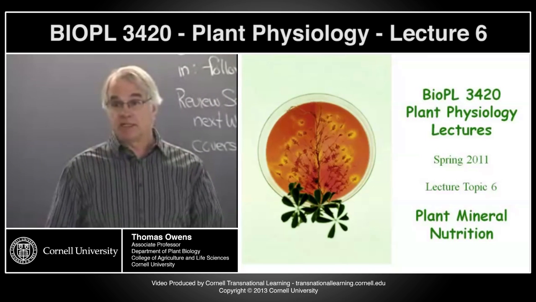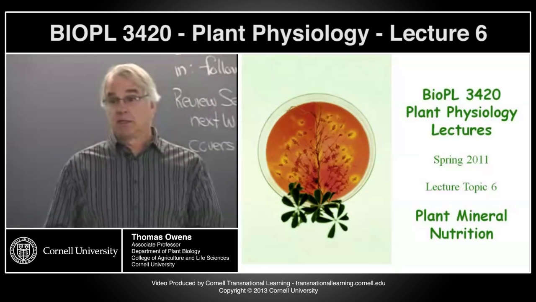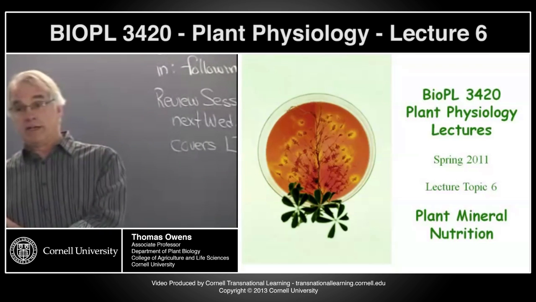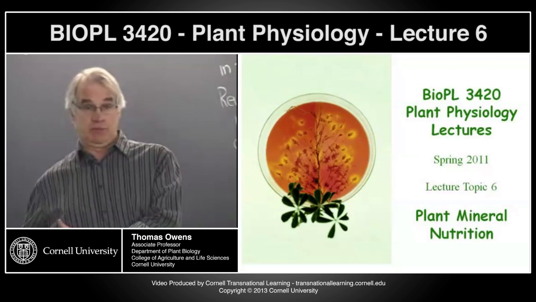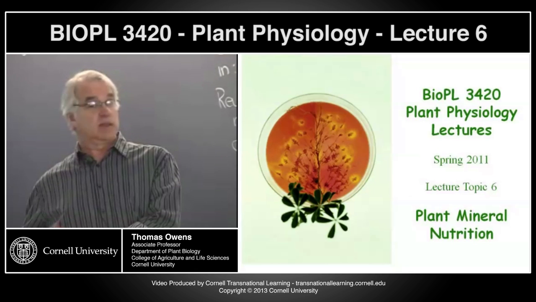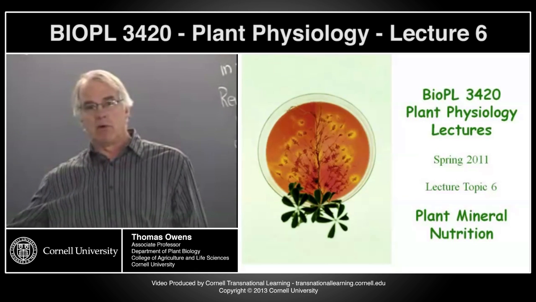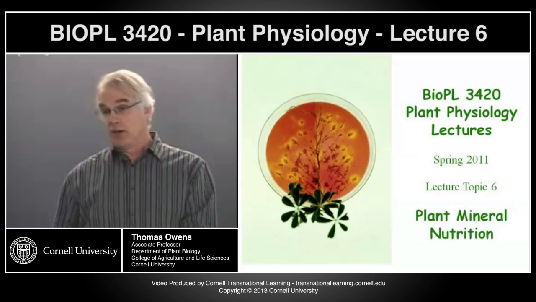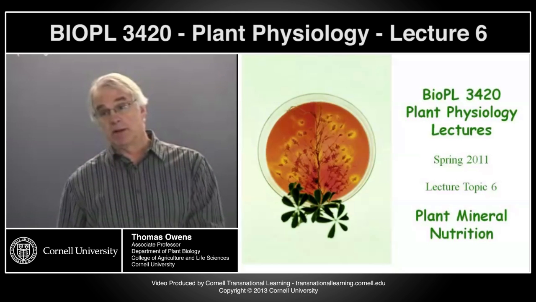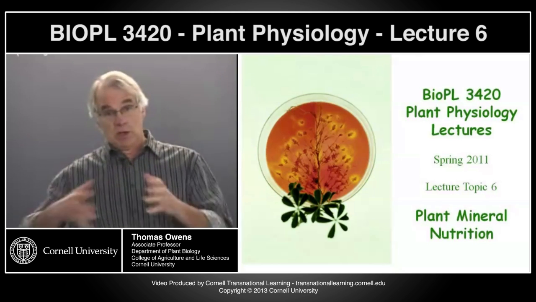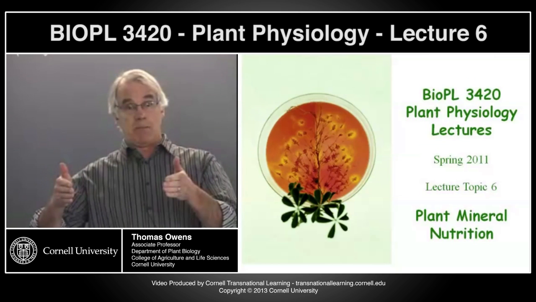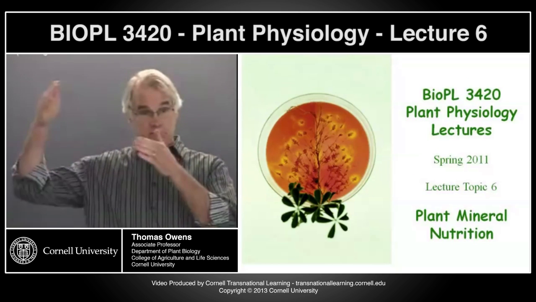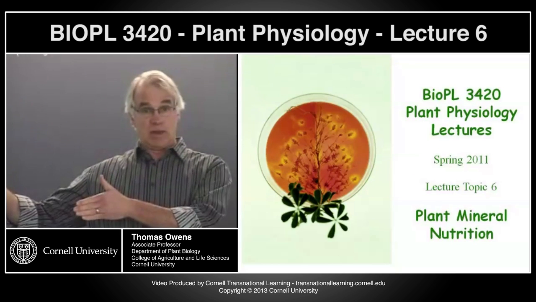For some plants, the only place that boron is essential is in pollen germination. Right? The plant will grow just fine without boron, but if you don't challenge the plant to complete its life cycle, you'd never know that boron was essential for pollen tube formation. Okay, so we need to be rigorous about the plant can't grow and complete its life cycle without it.